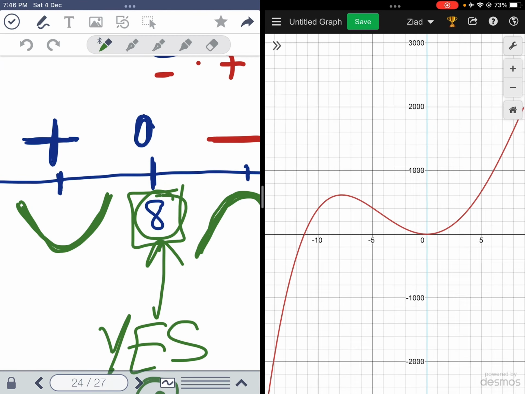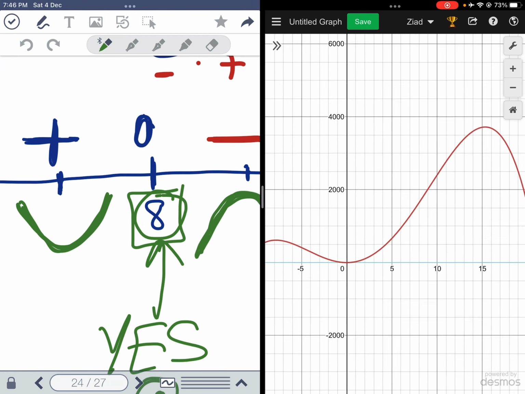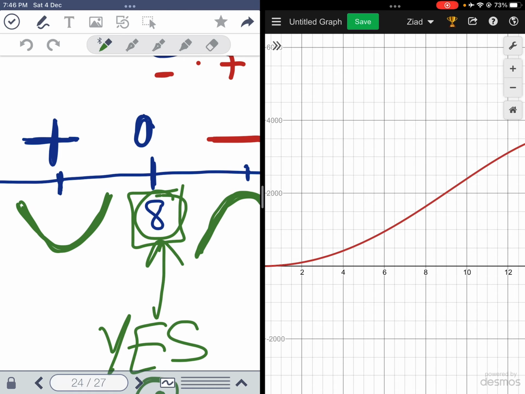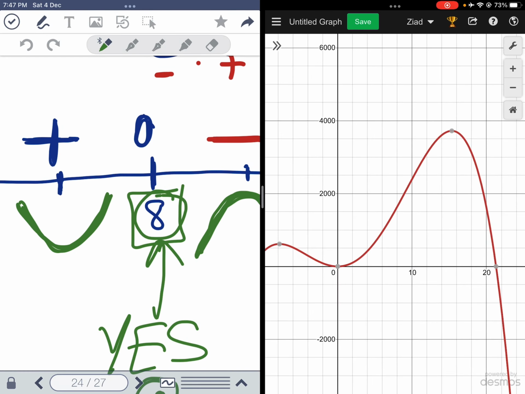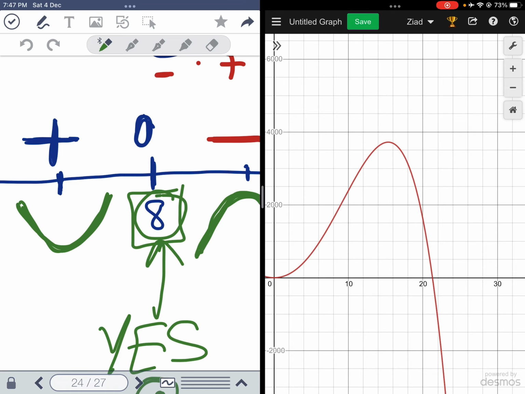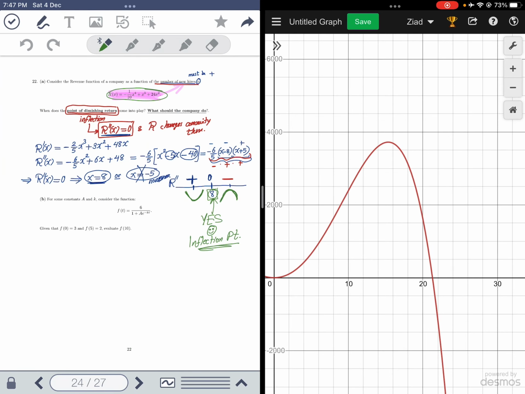So let's see. At 8, where is 8? Yeah, you can see 8, and I will stop at the graph and go to 8. You see, at 8, you go from being concave up before it, and then after 8, notice that the graph becomes concave down. So 8 is an inflection point here, and so this will make it the right answer.